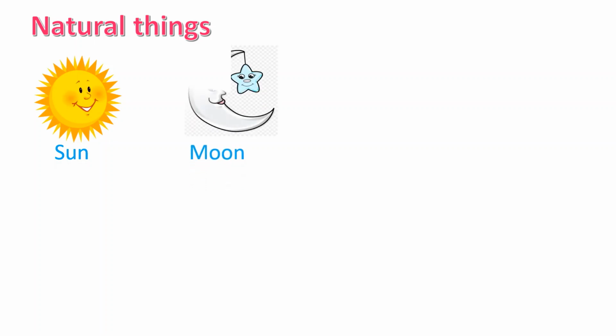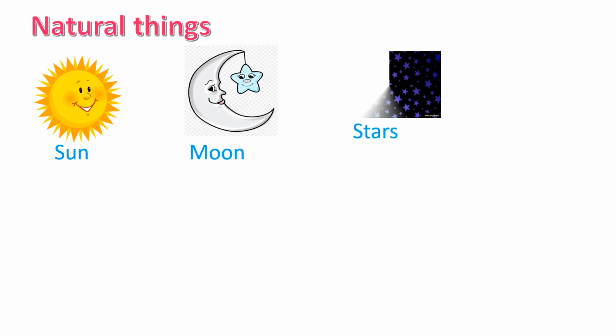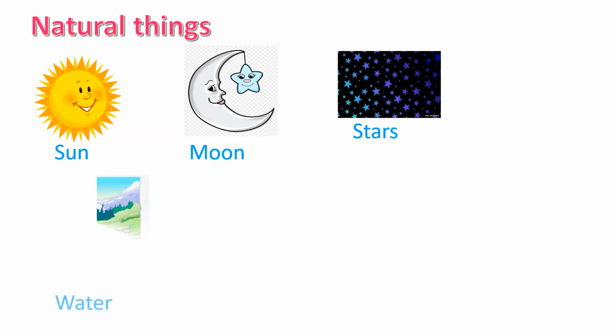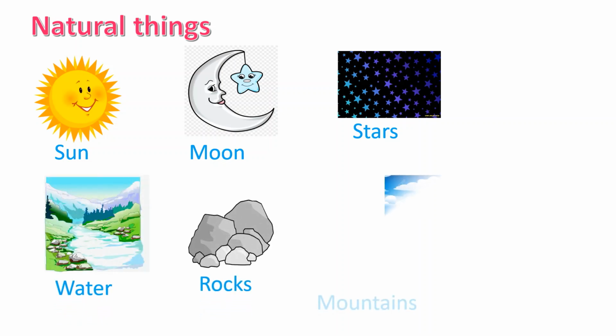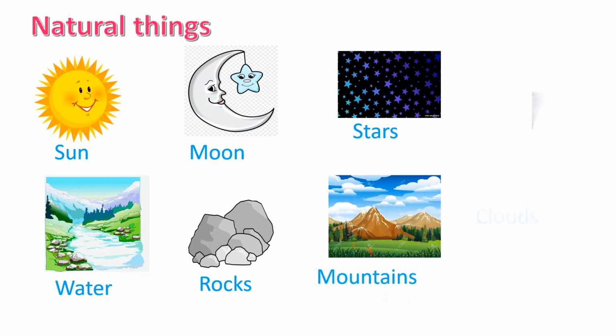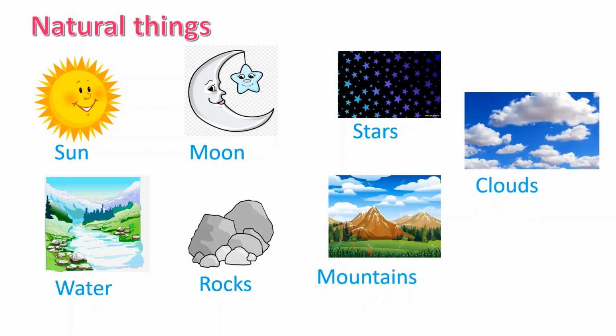Some of the natural things like sun, moon, stars, water, rocks, mountains, and clouds have no life. So these are the examples of natural non-living things.